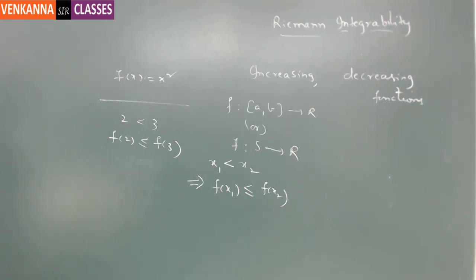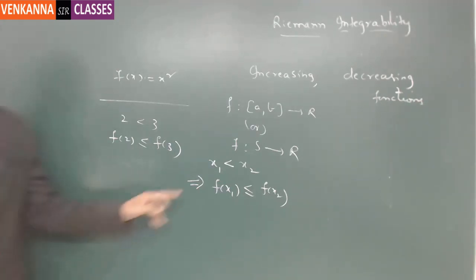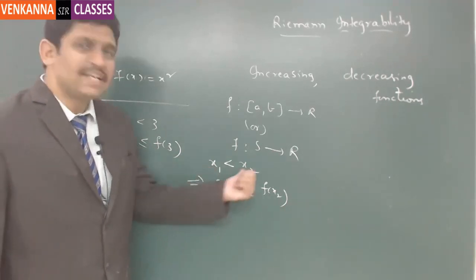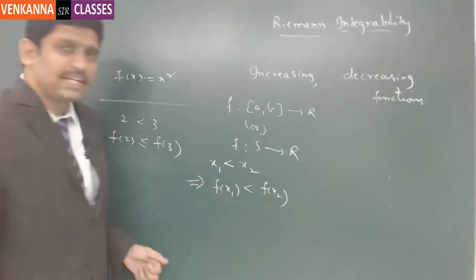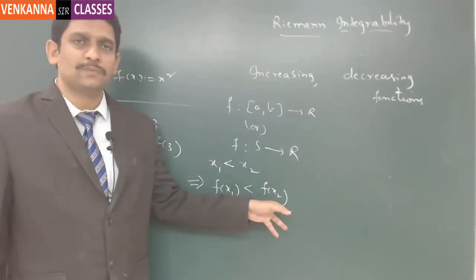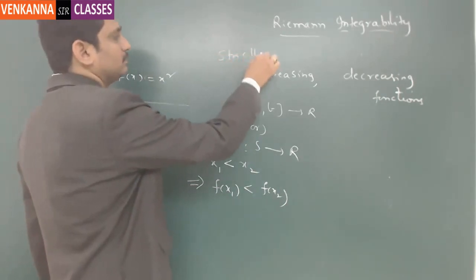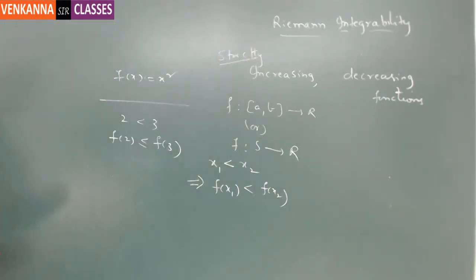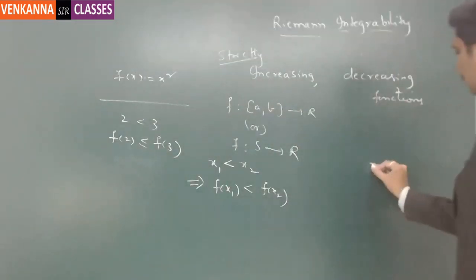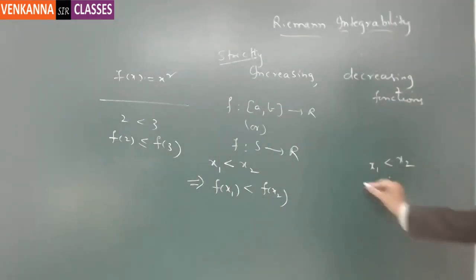So whenever f satisfies that kind of property, we call f an increasing function. In particular, if x1 is less than x2, then f of x1 is strictly less than f of x2, then we say that f is a strictly increasing function. Similarly, we define the decreasing function as: whenever x1 less than x2, f of x1 must be greater than or equal to f of x2.